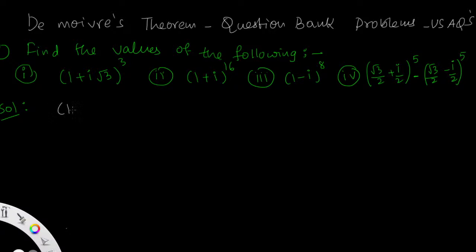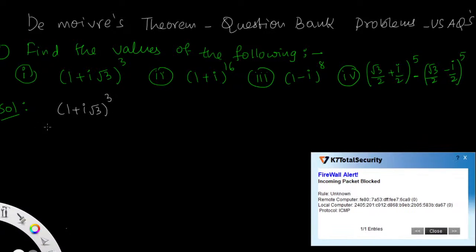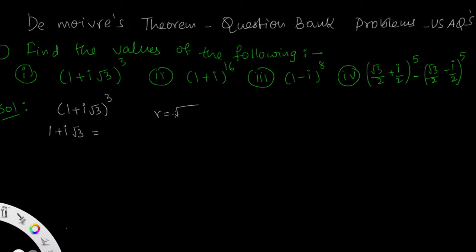So the given question is 1 plus i root 3 whole cube. First consider 1 plus i root 3 and convert into complex form. First multiply and divide with the modulus, root of 1 plus root 3 whole square, that is equal to 2.